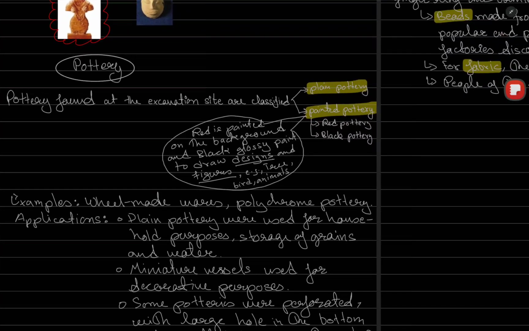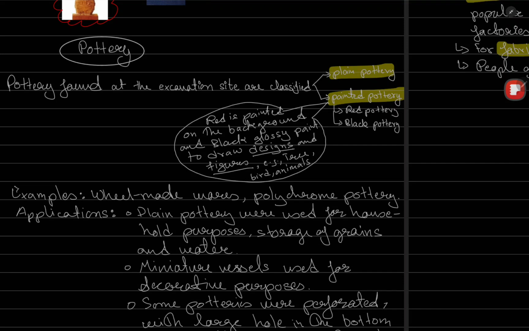The other one is now the pottery. Okay, this is a very significant artifact that has been found from the various Harappan civilizations. Potteries found at the excavation sites were classified into two: plain pottery and painted pottery.